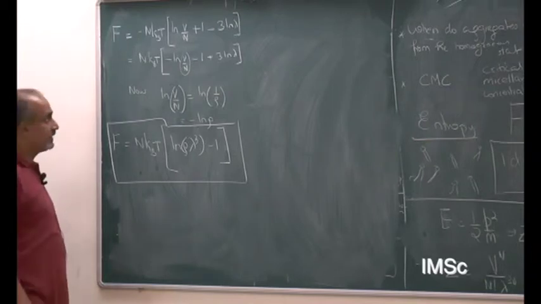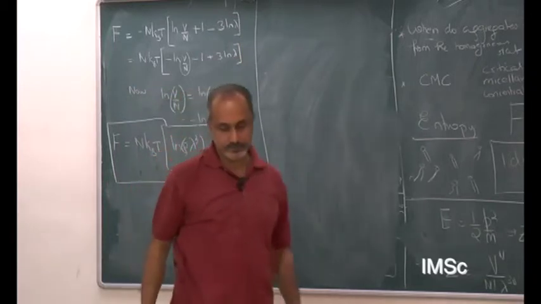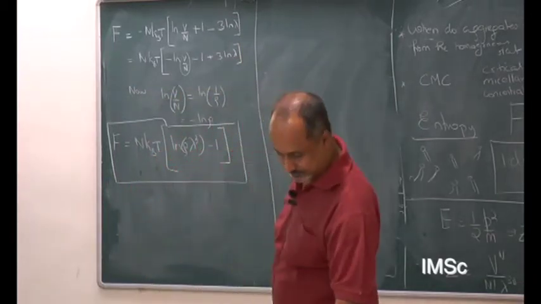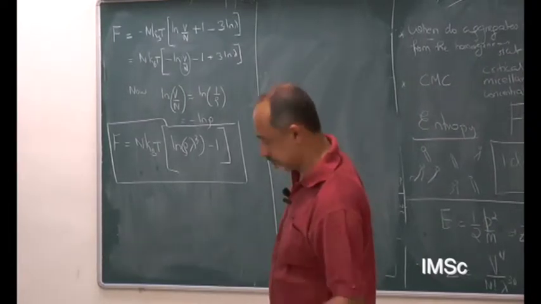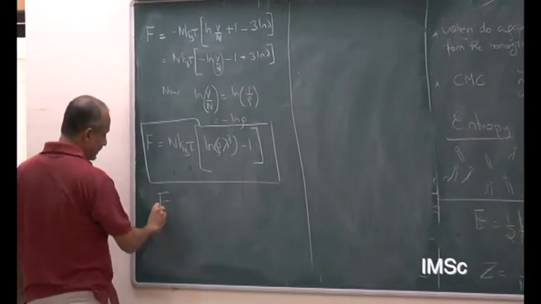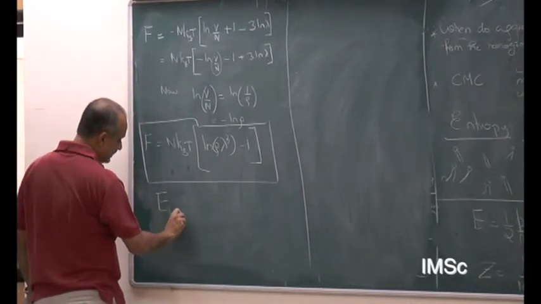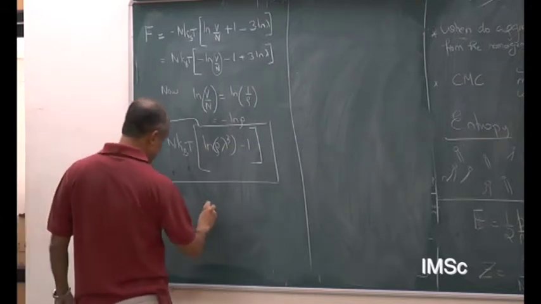Now let us calculate the energy gain from putting these molecules together. Let us say that energy gain comes from an energy of binding these molecules together, which I will call E binding, the binding energy.